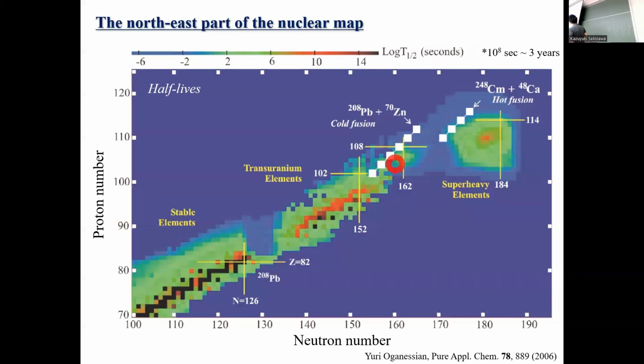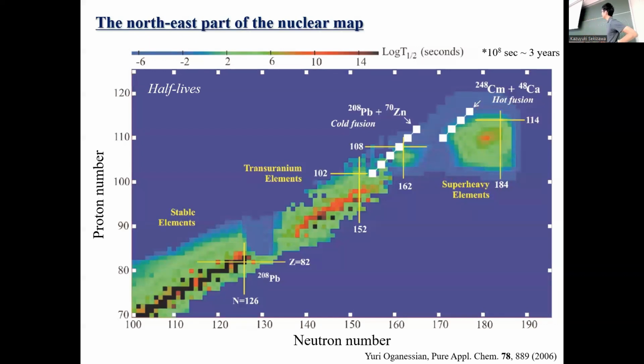And those colors indicate the half-lives. So actually, we expect that the next doubly shell closure exists in the super heavy region, which will stabilize the super heavy nuclei, the so-called island of stability located here.